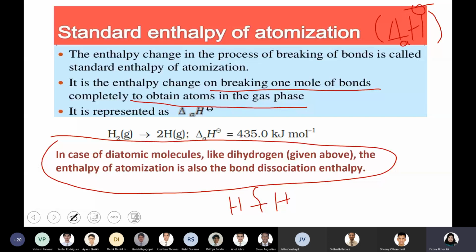So for a diatomic molecule, both processes are the same. Bond dissociation means bond breaking, and atomization means breaking the bond to get the atoms. So here, for a diatomic molecule, both are same.